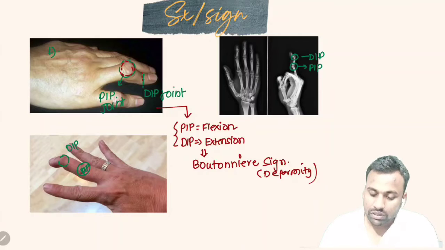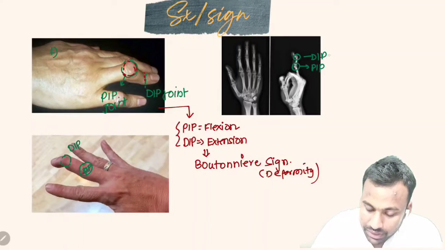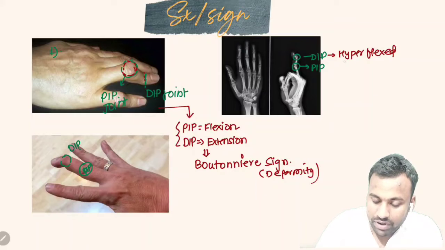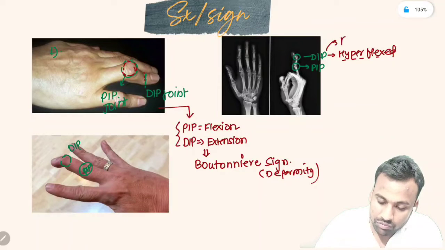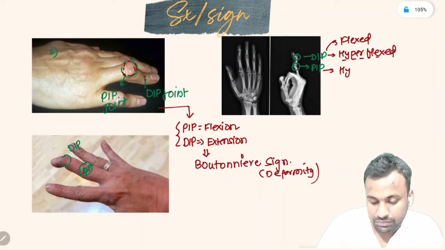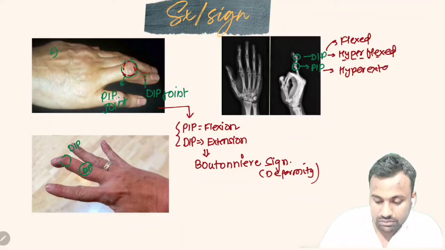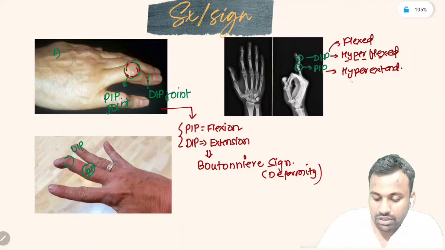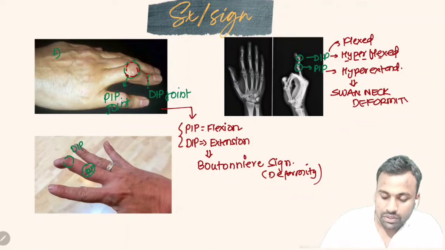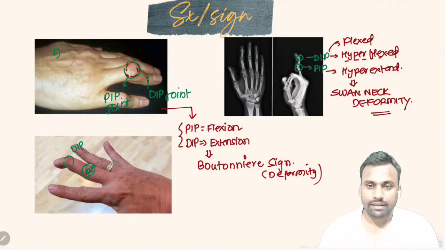In the X-ray view we can see the DIP is hyperflexed and the PIP is in hyperextended form. This deformity is known as swan neck deformity.